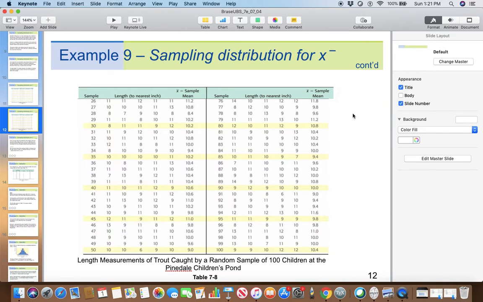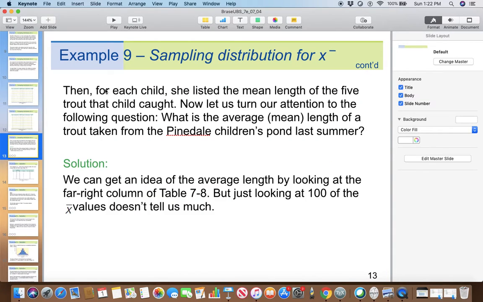Now, she is going to use these mean numbers rather than individual fish numbers. So she is collecting the sample mean from every child and is going to do something with them. For each child, she listed the mean length of the 5 trout that the child caught.